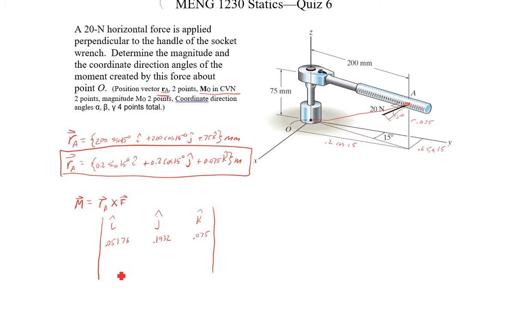That's in meters. And then my Newtons again, so I'm going to have negative 20 times cosine of 15, which works out to be 19.32 Newtons. In the y direction, we have 5.176. That's 20 sine of 15. And in z, since we're horizontal, we have no z component.